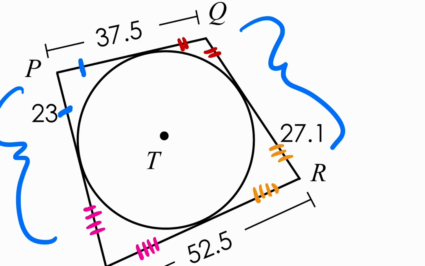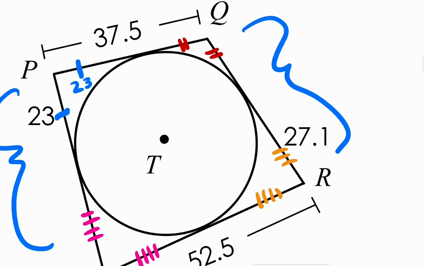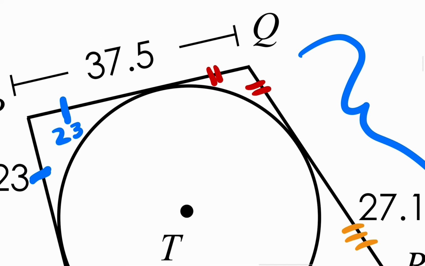That. And of course, we said that this is 23 because it's congruent to the other side. So this piece right here is going to be 37.5 minus 23, and that's going to equal 14.5. So now this is 14.5 as well.